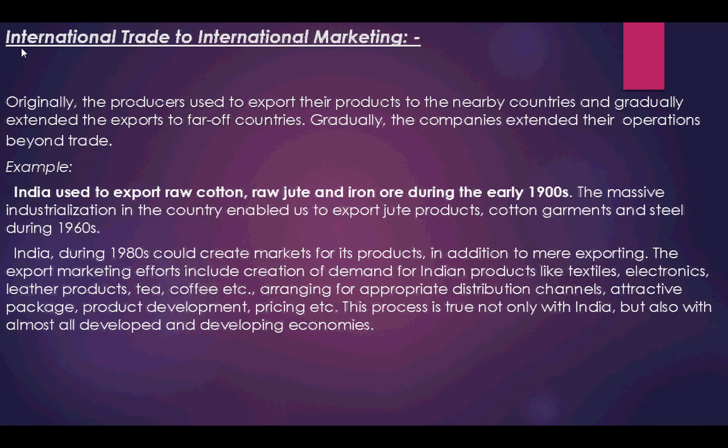India used to export raw cotton, raw jute, and iron ore during the early 1900s. The massive industrialization in our country enabled us to export jute products, cotton garments, and steel during the 1960s.